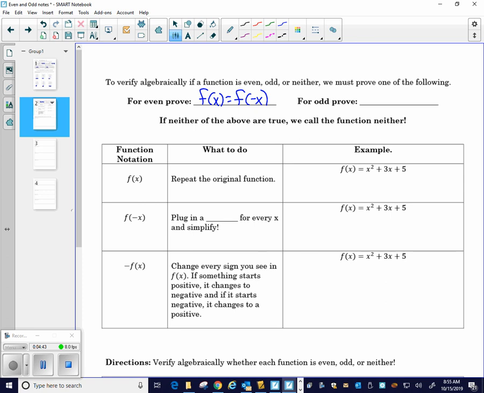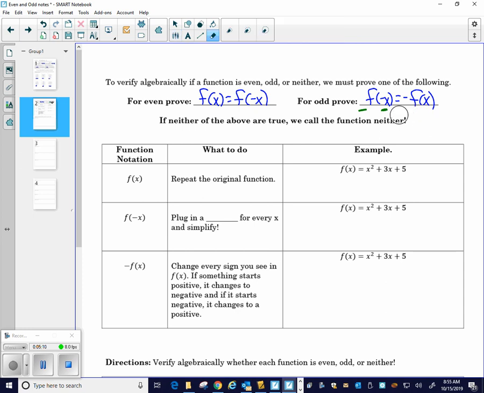For the odd proof, you need f of negative x to be equal to the negative of f of x. So again, the idea is if I plug in the positive x value and I get out some negative y value, then if I plug in a negative x value, I get out a positive y value, and they should be exactly the same other than the sign. So that's kind of the idea right there.